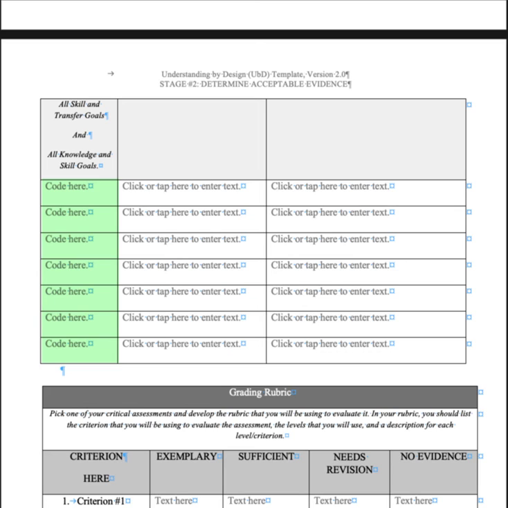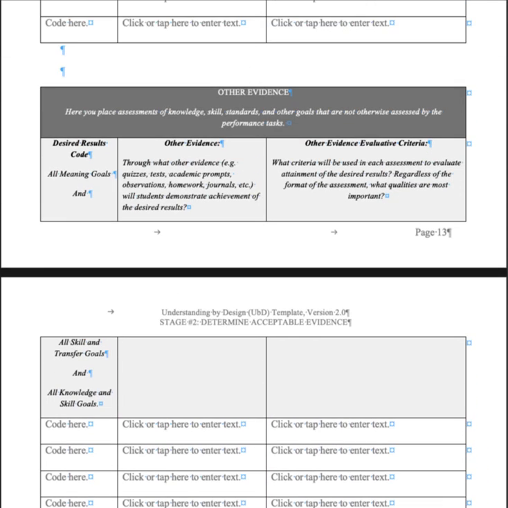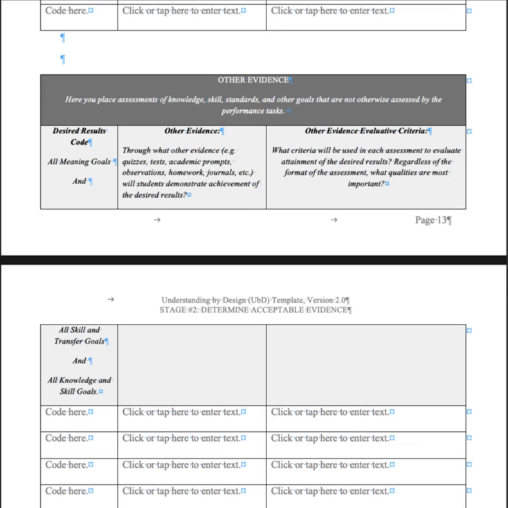In my section, I used knowledge codes and transfer codes and some skill codes. These are a little bit more cut and dried. In the first section in other skills, which is titled Other Evidence, we can see it says, through what other evidence, quizzes, tests, academic prompts, observations, homework, journals, etc., will students demonstrate achievement of the desired results?